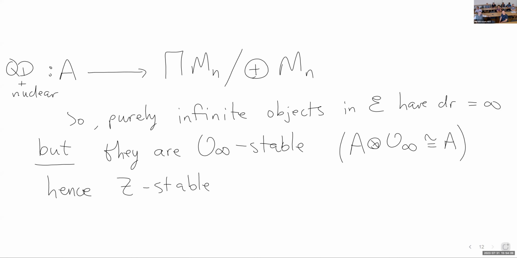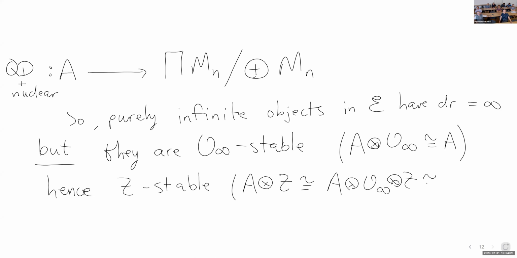So Z-stable just means the corresponding thing with the Jiang-Su algebra Z. A tensor Z is A tensor O-infinity tensor Z, because I'm assuming it's O-infinity stable, but O-infinity is itself Z-stable.